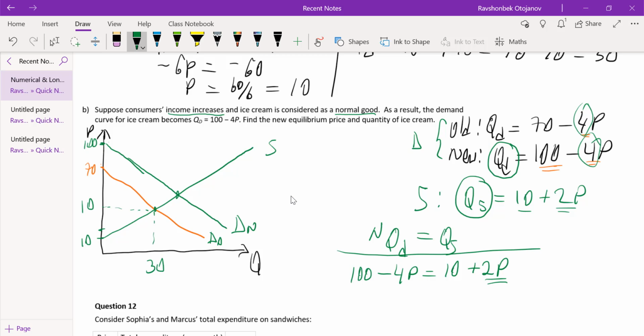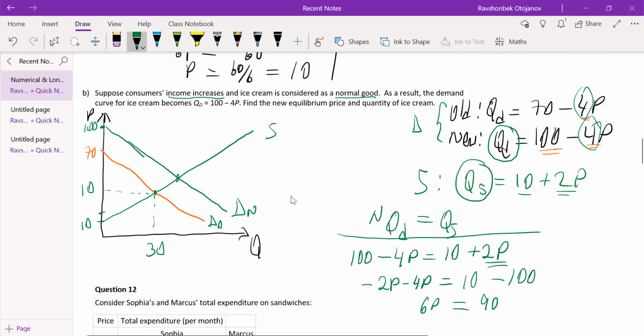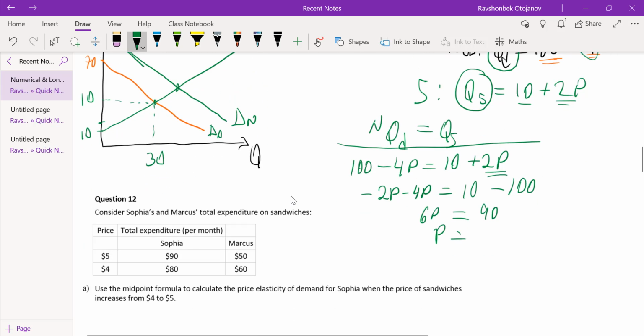So 2p goes to this side and gives us 2p minus 4p, and that quantity will go to the right hand side, and this will be 6p equaling 90, and that's going to give us 90 over 6, which is basically 15. So the price is £15 now.